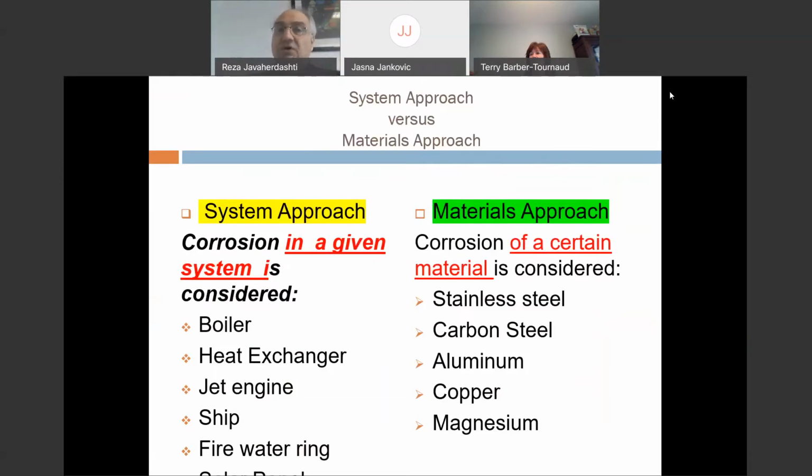As long as you know what the material is and under what conditions things can go wrong and the material starts to corrode, you are on top of the problem.